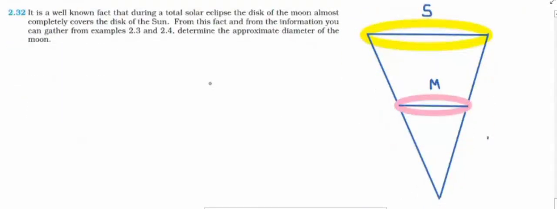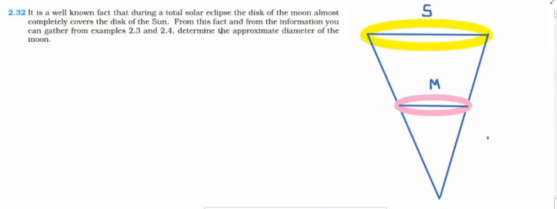Now, next, question 32. Solar eclipse. At the time of a complete solar eclipse, we cannot see the sun because, as shown in the diagram, the disk of the moon will completely block the view of the sun.